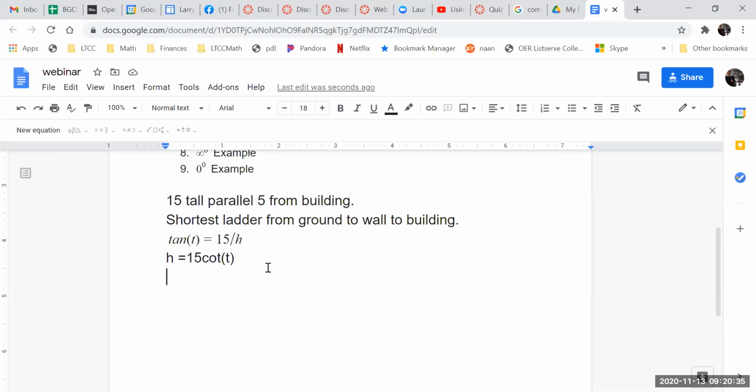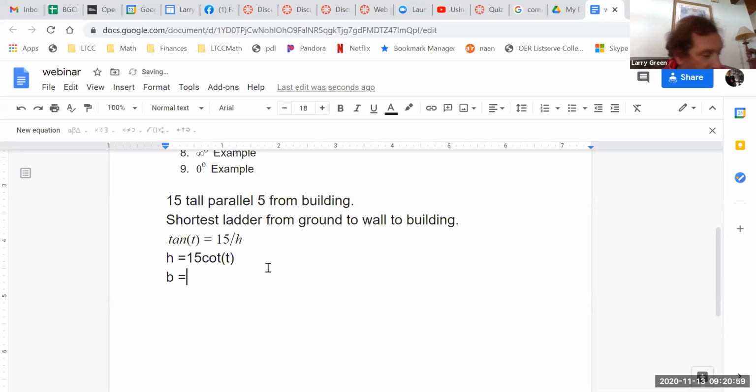Would it be cosecant or secant? Well, the thing is, 5 is not a side of a triangle. Well, would it be 5 times secant? Because isn't it the base? Because we're trying to find the base, right? So the base is equal to, I'll just call it x plus 5.